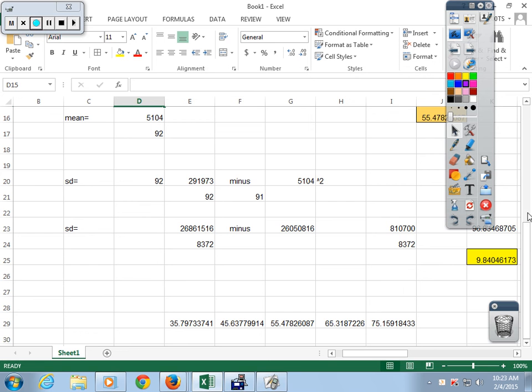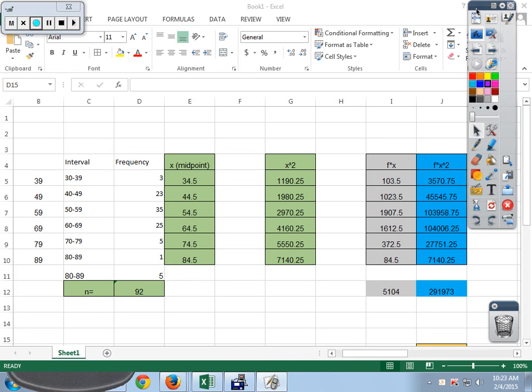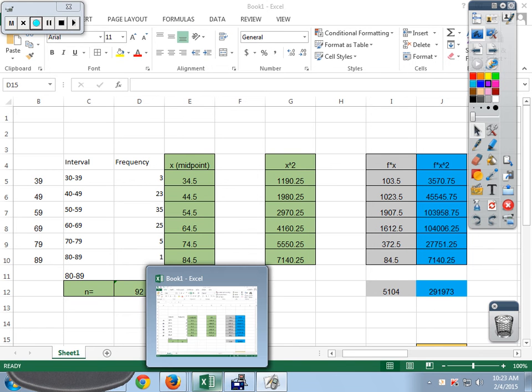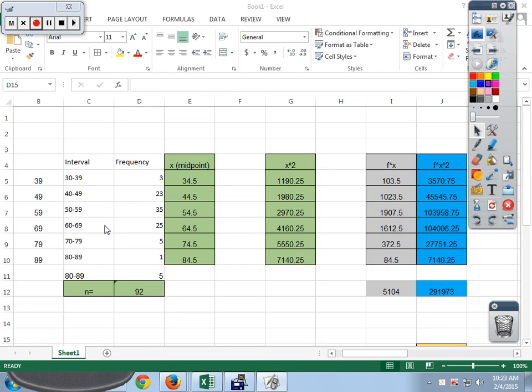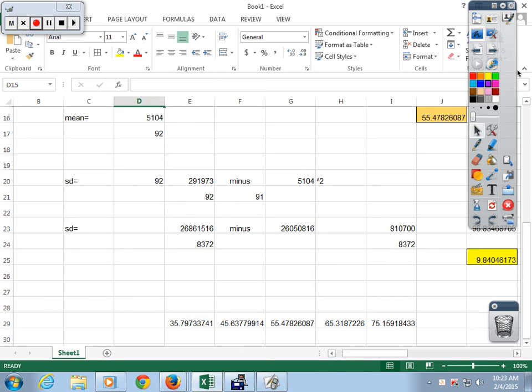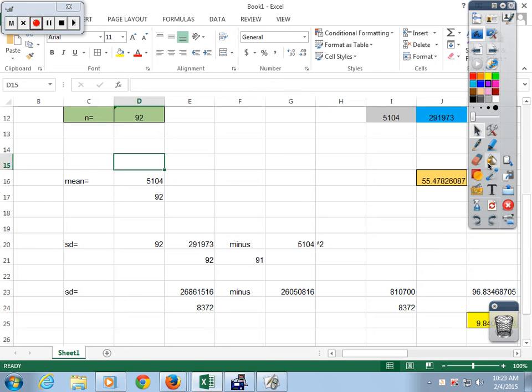Why did the keyboard not come up? There you go. Bring it back down. Is that what you need? Does that help? Is that the area you want? Yep. Okay.